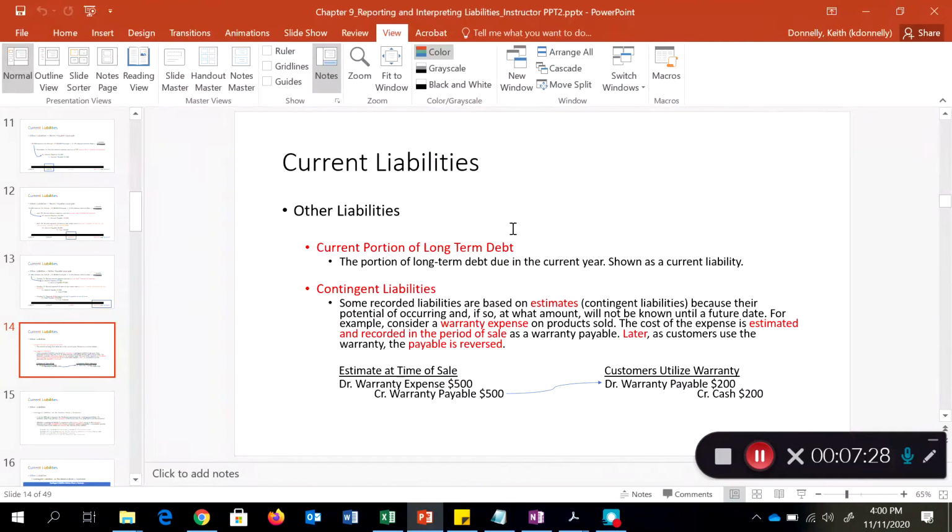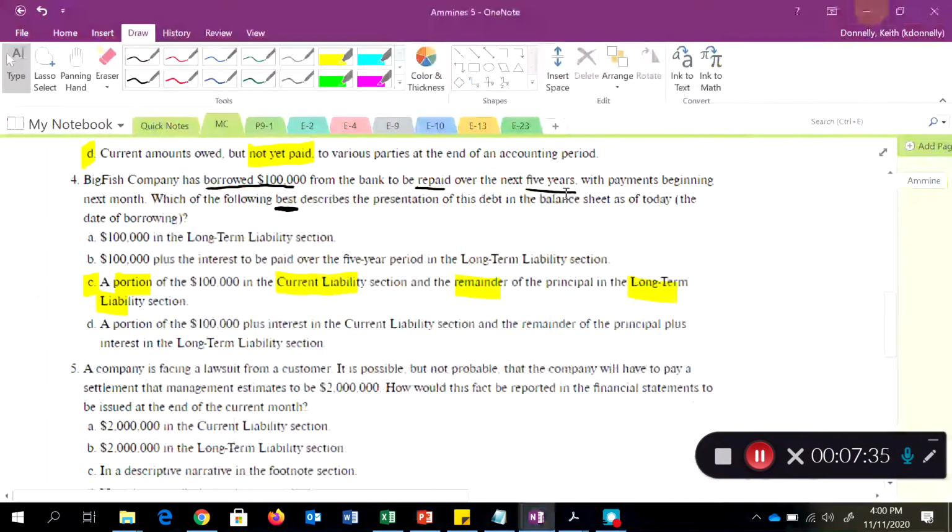So what we're talking about in that problem is the current portion of long-term debt. So what's going on here is, we borrowed long-term debt, but some of it's due in the current year. So we kind of have to bifurcate it, break out what's due in the current year.